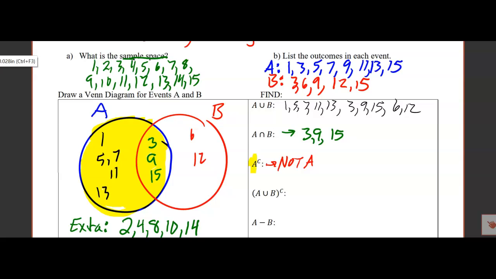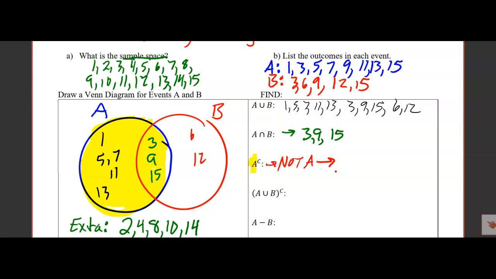It's everything but A. So it would be 3, 6, 9. Okay, not 3. 3 is part of A. 3 is an odd number. The stuff in the middle is part of A and B, but it is part of A. It's inside the circle for A. So 3 is not in the complement. It has to be something that I did not highlight.